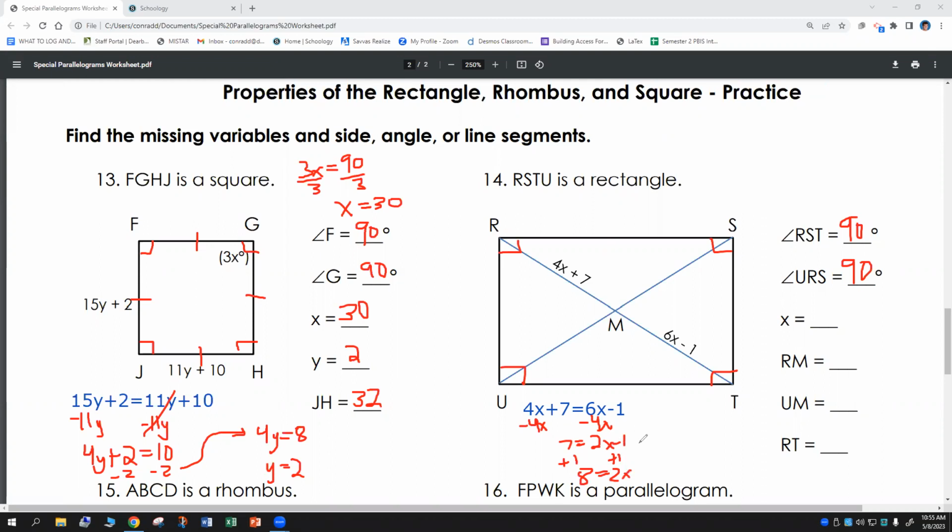So when you divide by 2 on both sides, you get x equals 4. When we substitute that back in, 4 times 4 is 16, plus 7 is 23. 6 times 4 is 24, minus 1 is 23. So RM is 23, right? UM would be 23, MS would be 23 as well. And then RT is going to be 23 plus 23, the whole diagonal, which is 46.